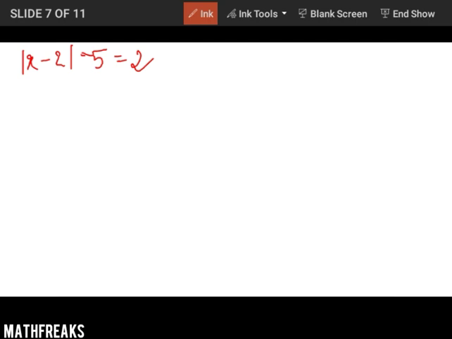Okay, so mod of x minus 2 minus 5 is equal to 2. Then find the solution of x. Try it yourself. Done. Let's begin with our solution.